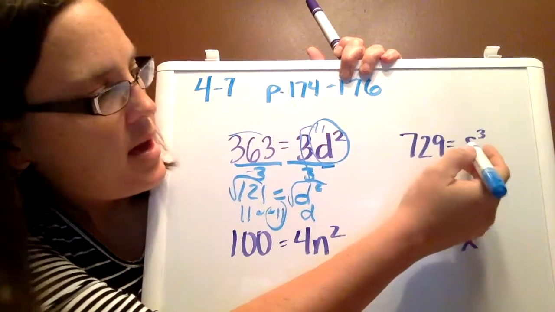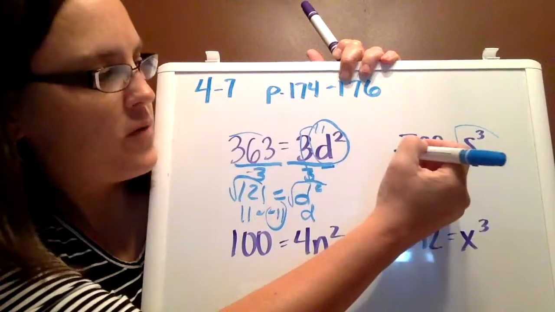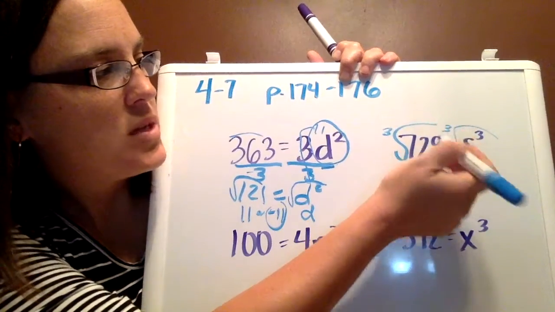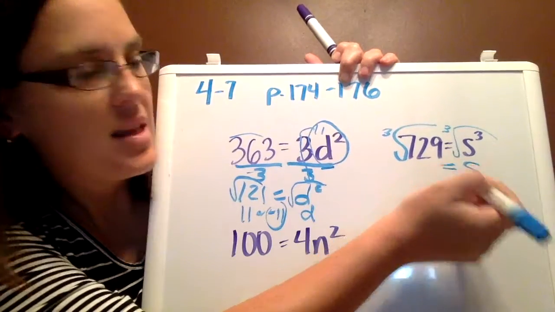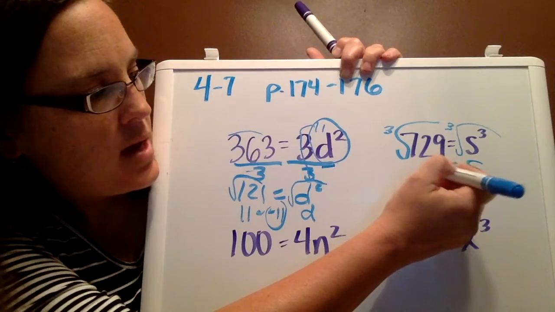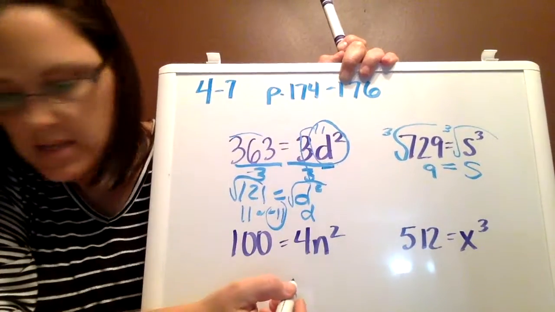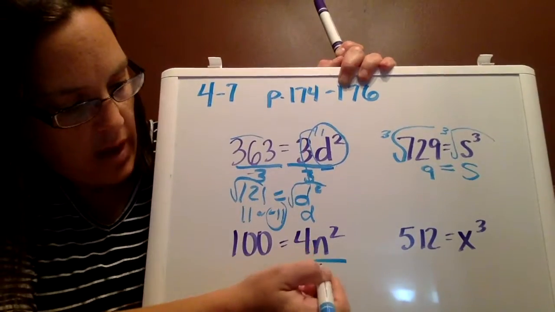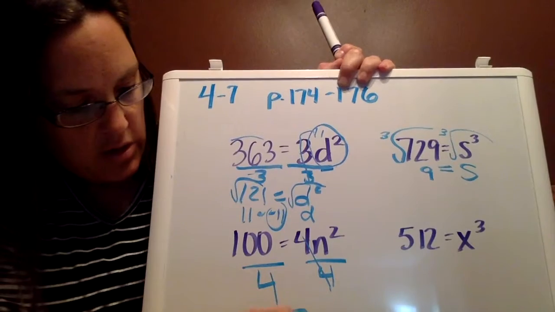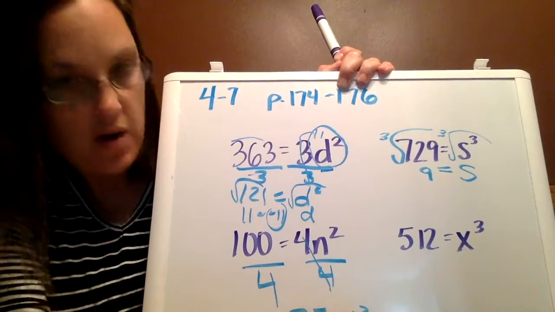For number 4B, it's s cubed, so this is where it's really useful to know your perfect cubes. And so we're going to take the cube root of both sides so we can isolate the variable s. And the cube root of 729 is 9. For number 4C, again, it's similar to 4A. We're going to divide by 4, and get 25 equals n squared.